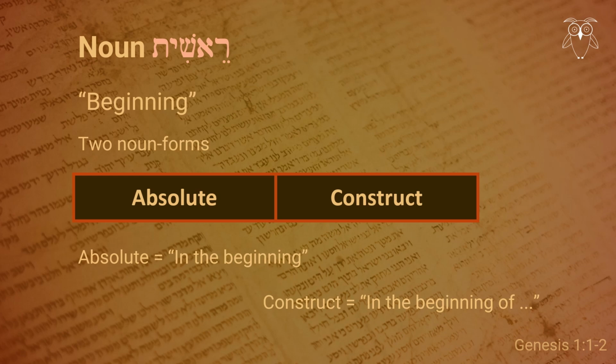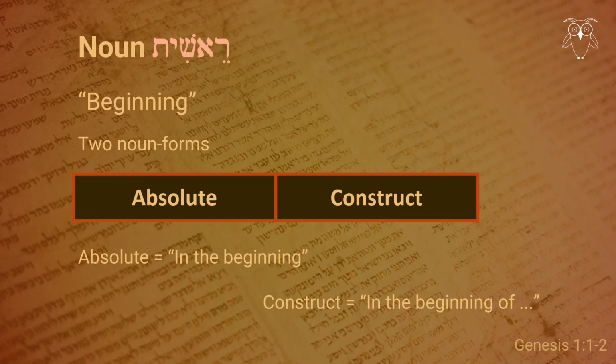This is a complex topic, and on my Hebrew playlist I plan to make a video about it at some point in the future. For now, all you need to know is the following. If the word reshit is in the absolute state, you should understand it as the beginning. If it is in the construct state, you should understand it as the beginning of X, the beginning of something.